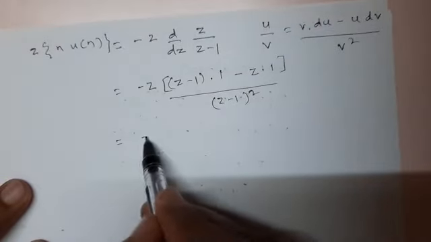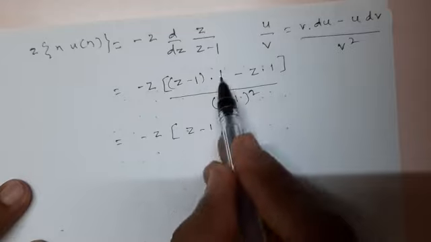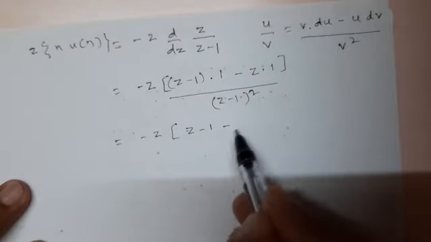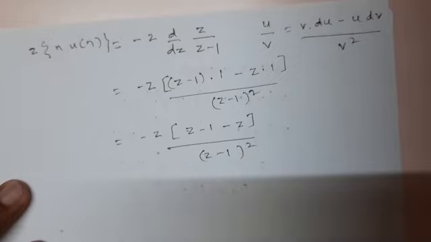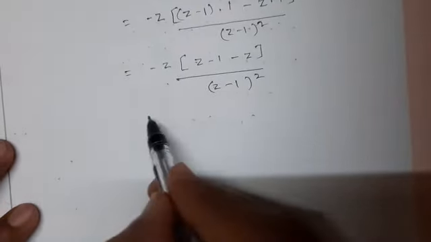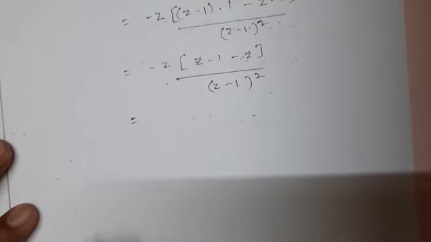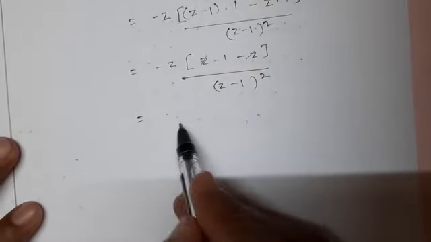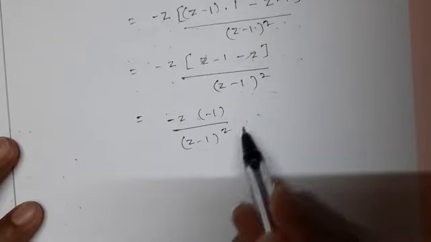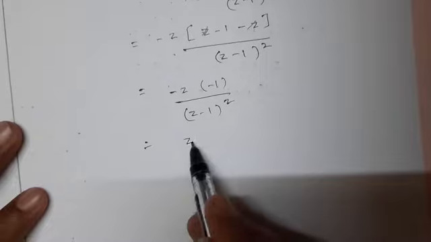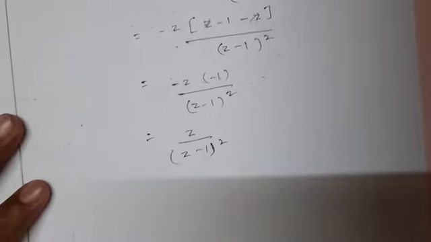Which gives you minus z, z minus 1 into 1 minus z into 1, divided by z minus 1 square. Z minus z cancels, minus z into minus 1, which is z divided by z minus 1 square.